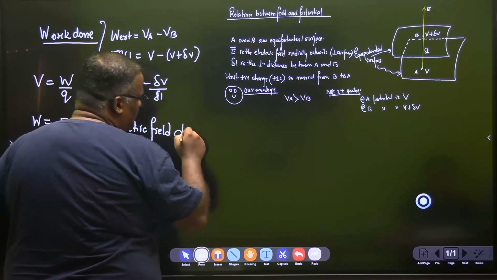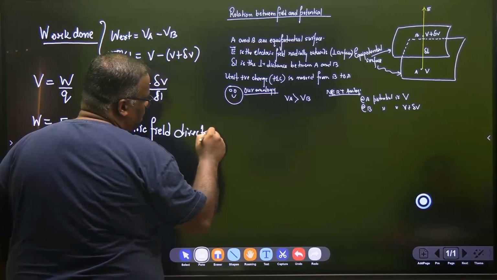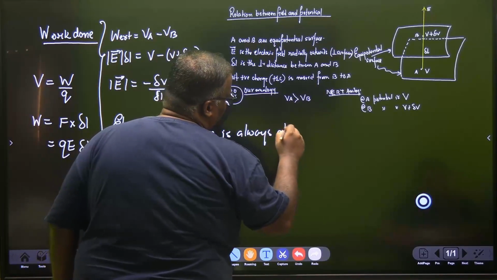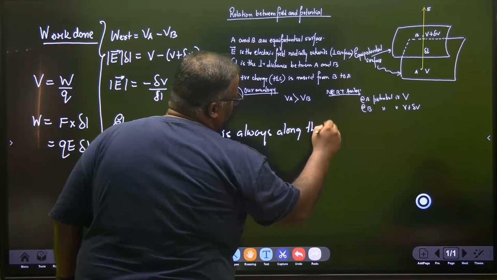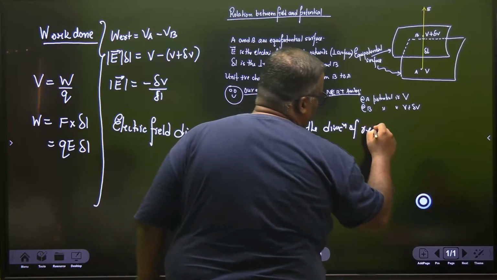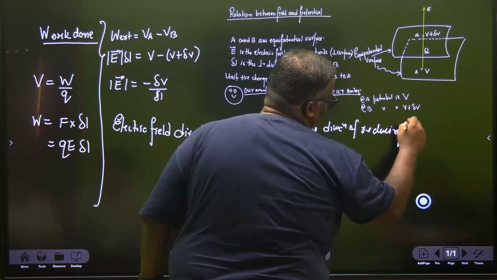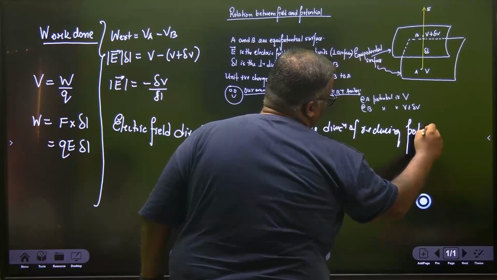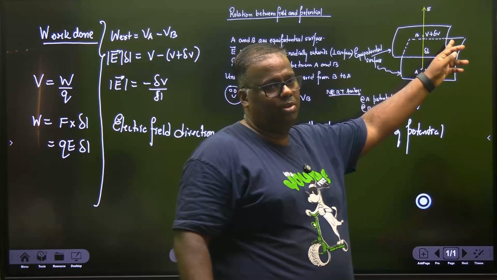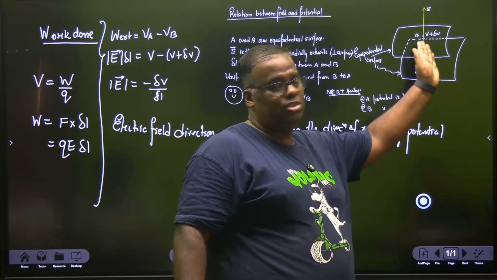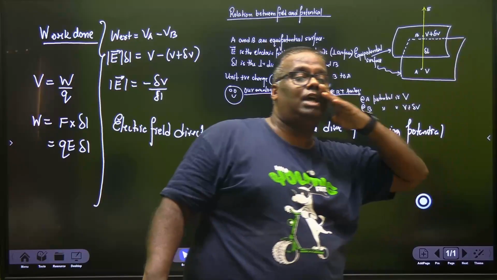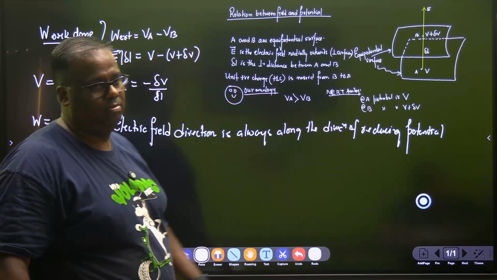The electric field direction is always along the direction of reducing potential. By this definition, we have found that delta V will become negative. So if the potential reduces from here to here, electric field will always be in the direction of reducing potential.